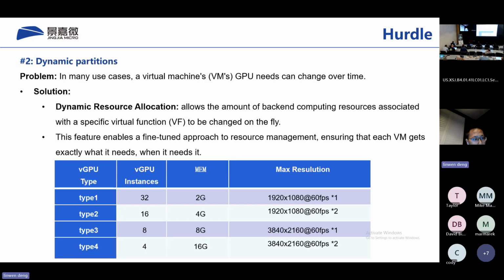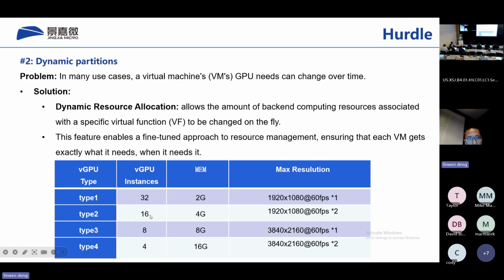The second problem is how do we do the dynamic partition? In many use cases, different virtual machines use different kinds of resources, and we define different kinds of vGPU profiles.